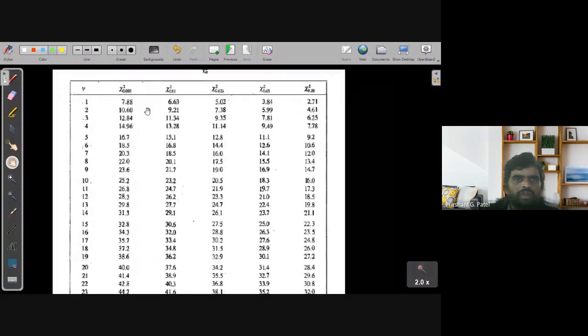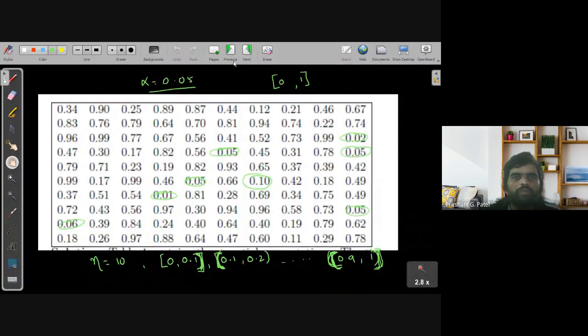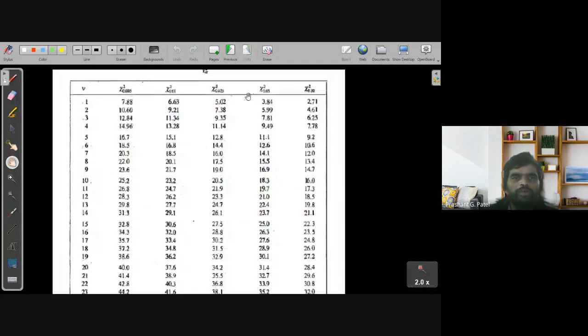So this is the chi-square table. And what value of alpha had we fixed? 0.05. This was the value of alpha. So you have to check the nine entry for 0.05. That value is 16.9.